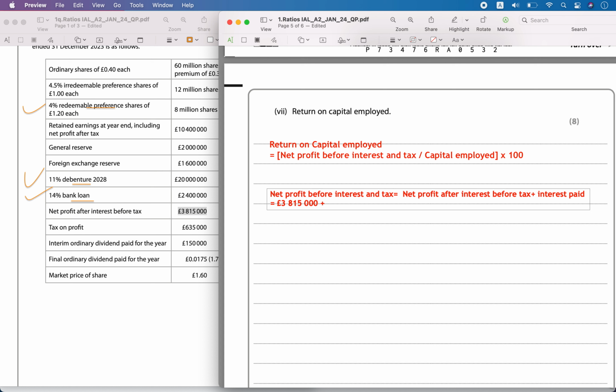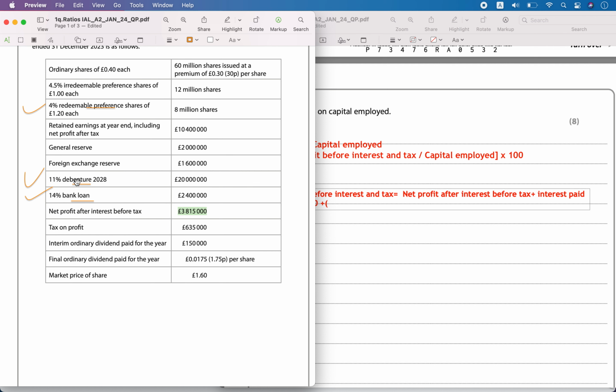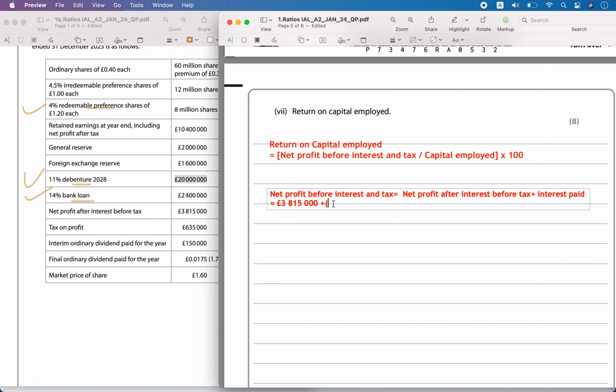Let's calculate. The total interest paid: first, we have the interest on debenture. The interest on debenture was at 11% of this 20 million.